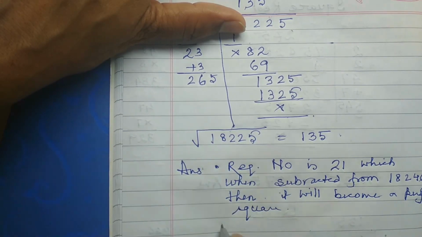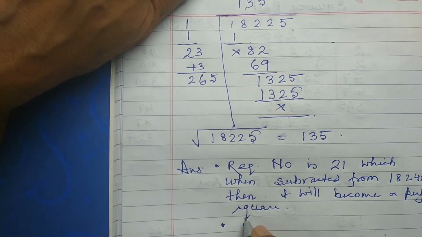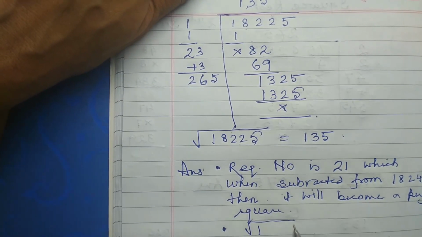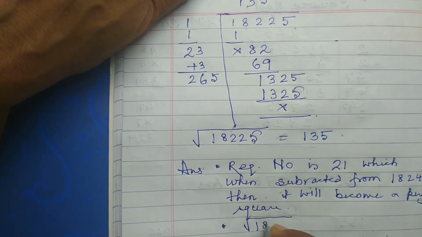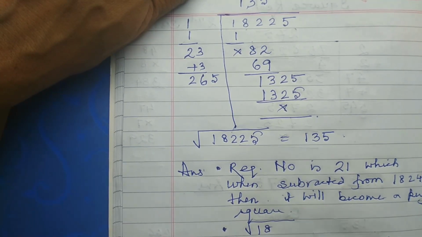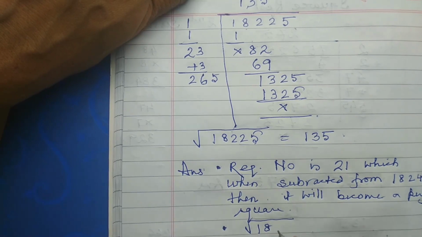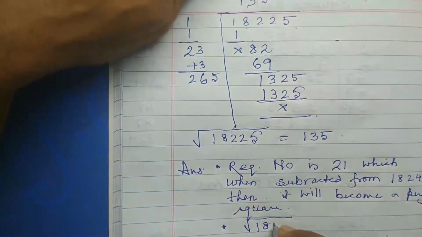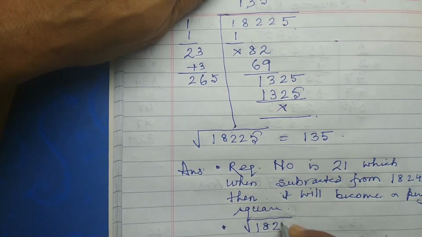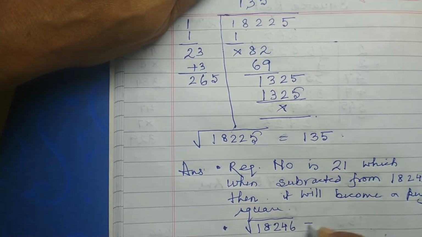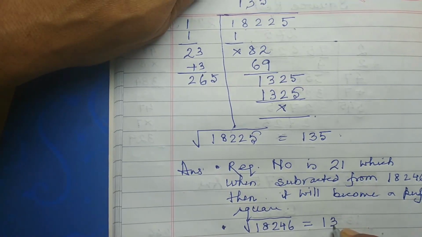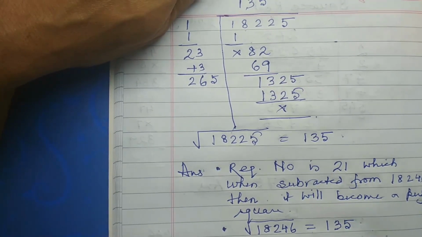One answer. And next answer is square root of 18246 minus 21, which is 18225, is equal to 135.